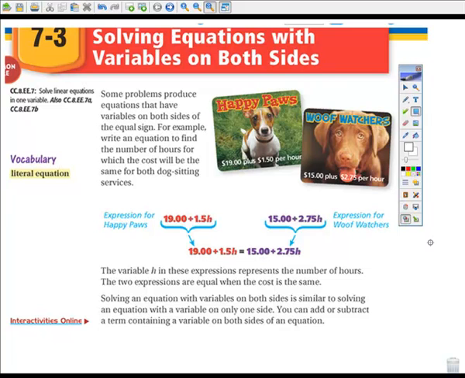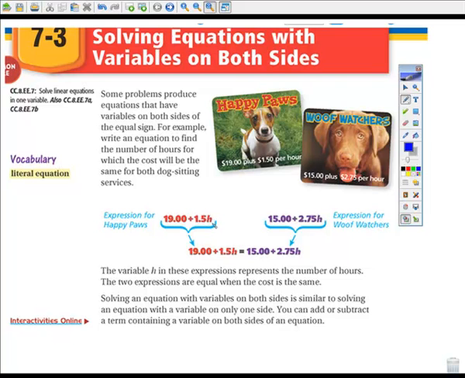So for example, this is write an equation to find the number of hours for which the cost will be the same for both dog sitting services. Here we have the expression for Happy Paws. Happy Paws is $19, so that's their flat fee, plus $1.50 per hour. So here we have $19 and then 1.5, instead of 1.50 you can just cut off the 0.